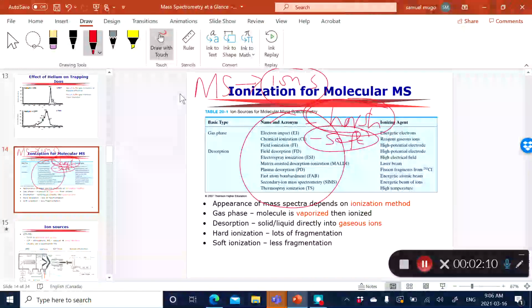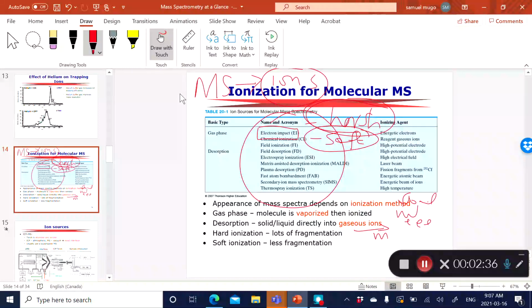So let us start with the most common ionization method out there that you're gonna see prevalently used, and that is what you refer to as electron impact. Electron impact just refers to, you've got a filament, and of course a filament is gonna be producing electrons, and then you've got your sample going through.